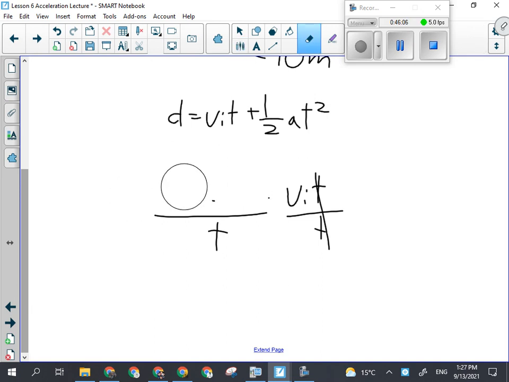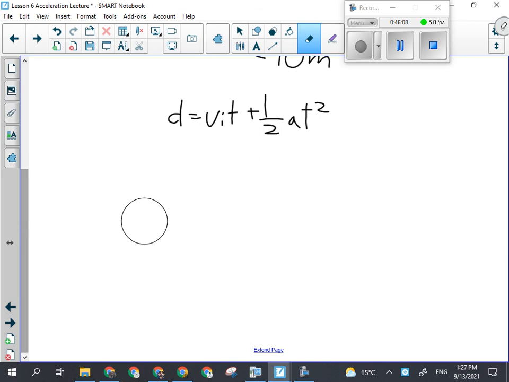What if I wanted to calculate acceleration? What would I move first? Very similar to what we did on the last one. The VI times t, how would I move it?